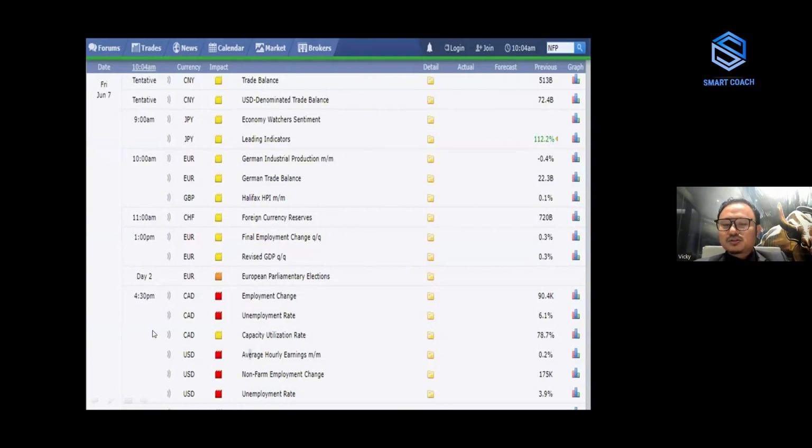I've covered all of this in detail, and also told you how this important data can impact the market. It is as important as understanding technical analysis. You might be an expert in price action or indicators, but if you don't know all about this data release, then during the time of the data release, your price action will not work the way it usually works.